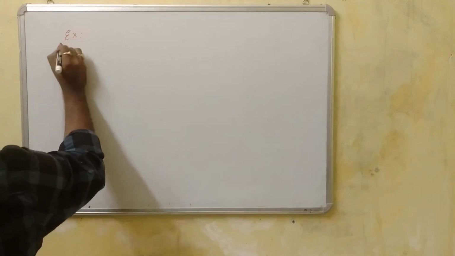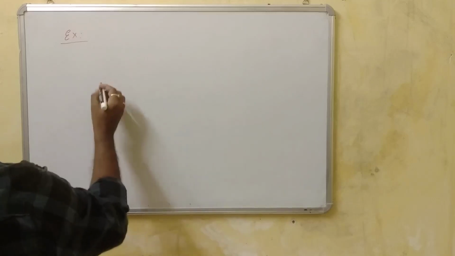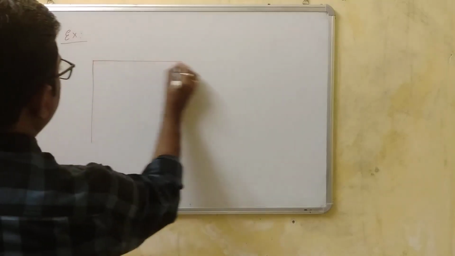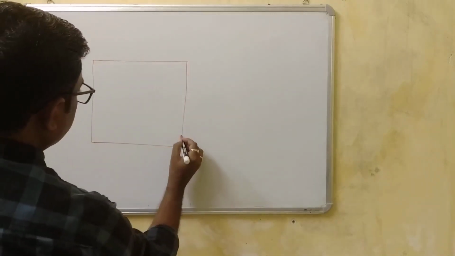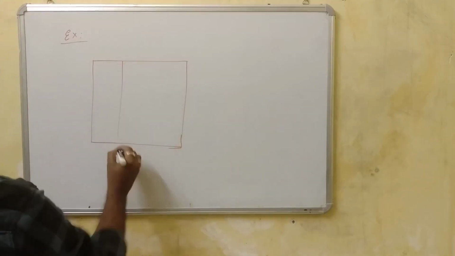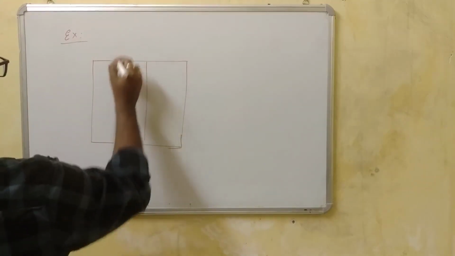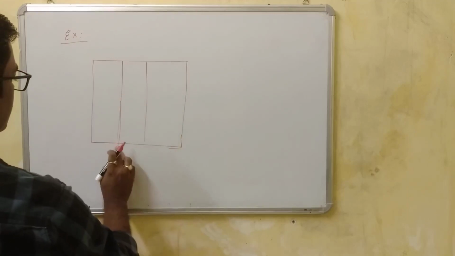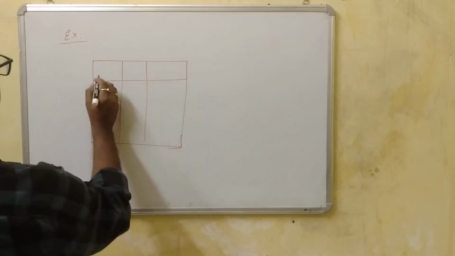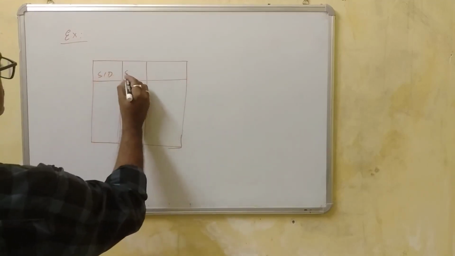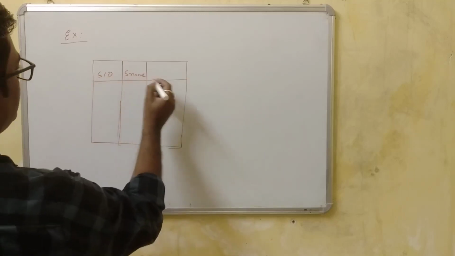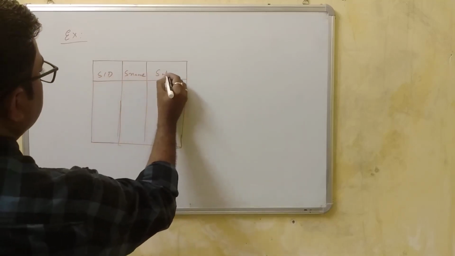Example for first normal form. For example, this is a table, or a relation as we generally call it. In this relation we have student ID, student name, and subject.